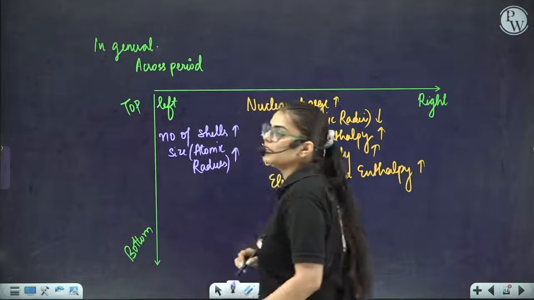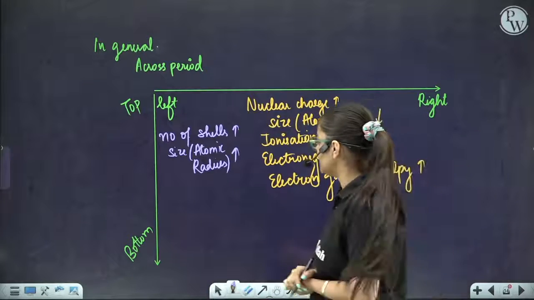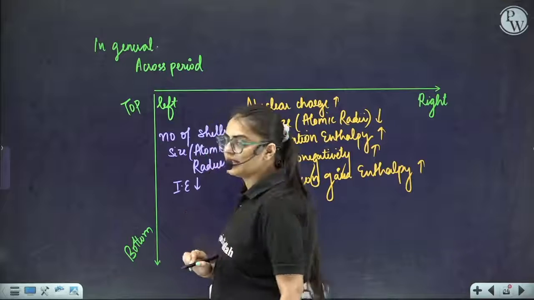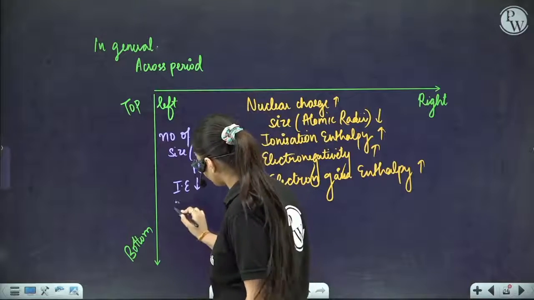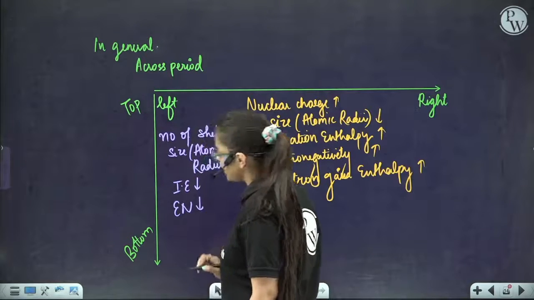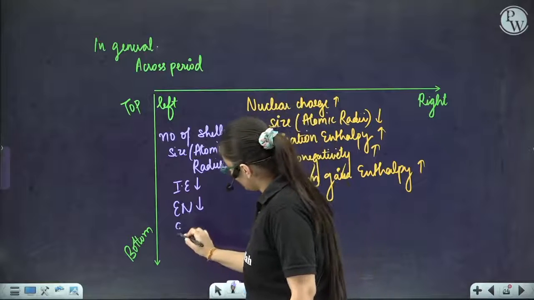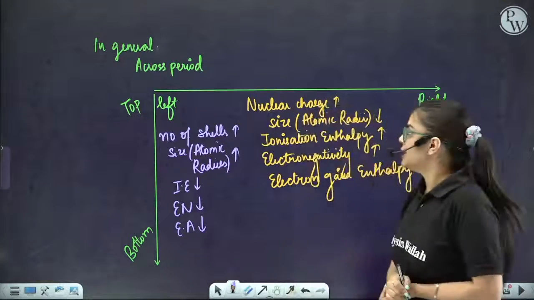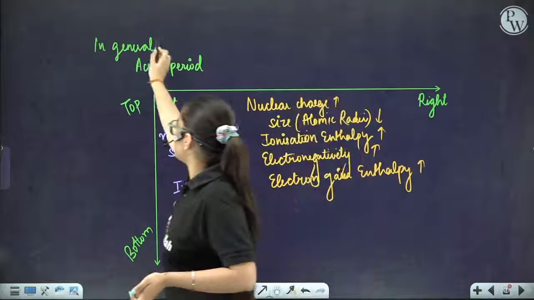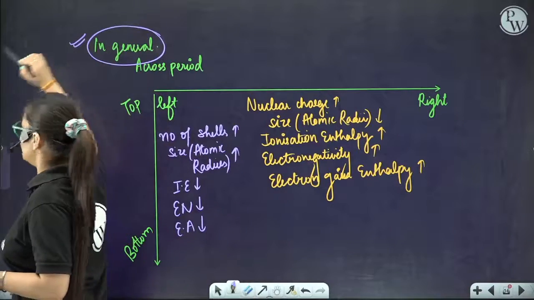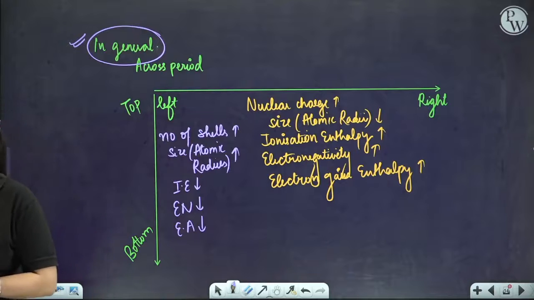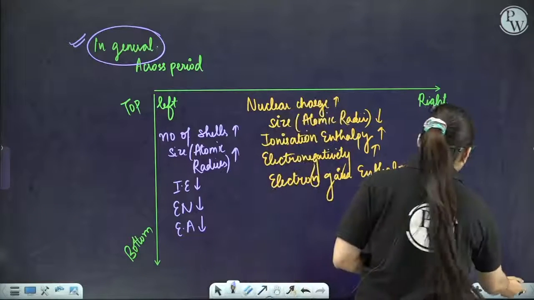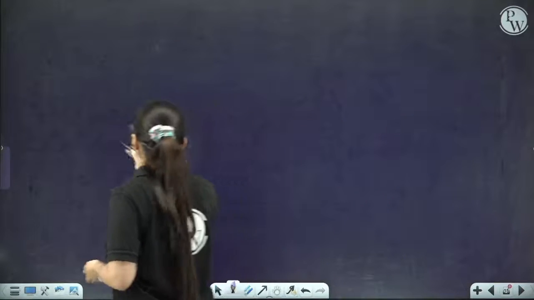If shells are increasing, atomic radii will increase. So ionization enthalpy will decrease because it is inversely proportional. Electronegativity will decrease. Electron affinity will decrease. Clear, everyone? So this is in general the trend. Now comes your homework part for today's class.